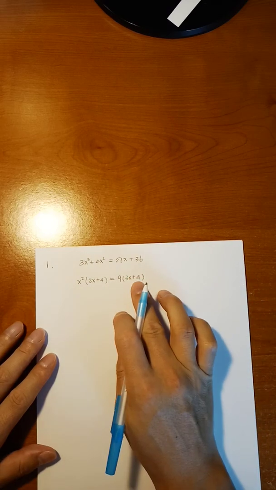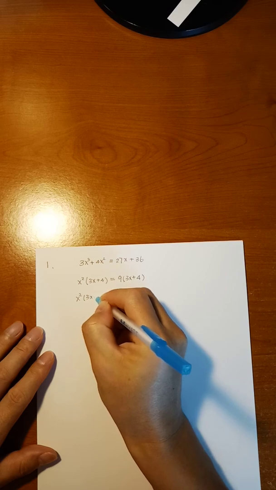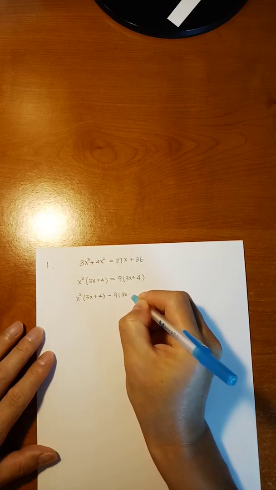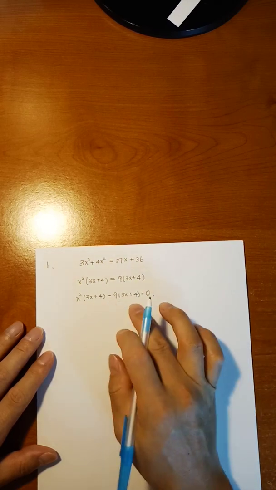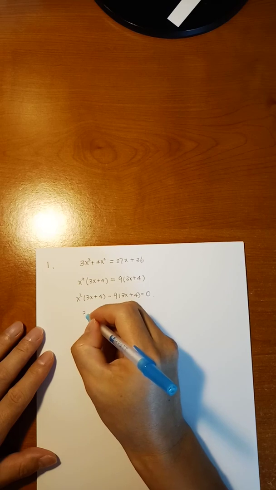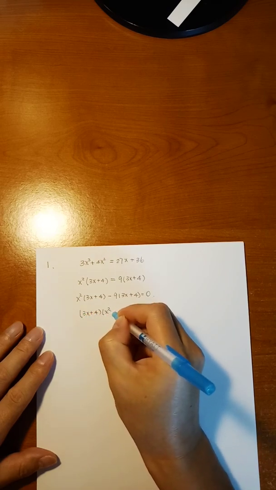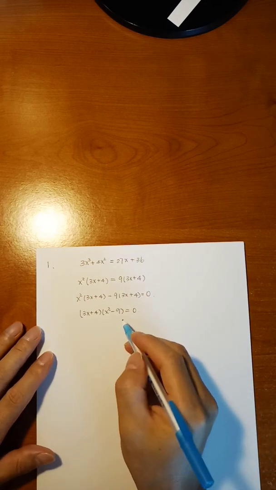Okay, then we move this right side to the left side. And then you see the common factor 3x plus 4. You factor out the 3x plus 4, you get x squared minus 9.